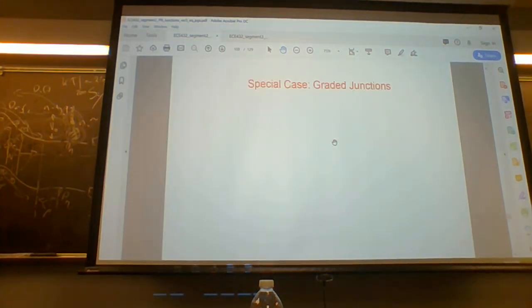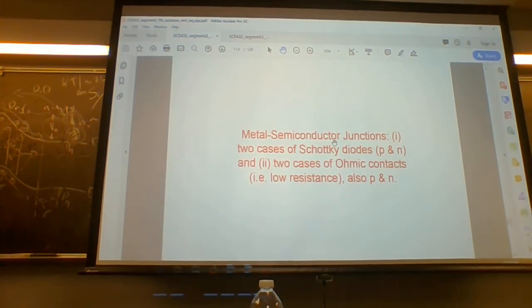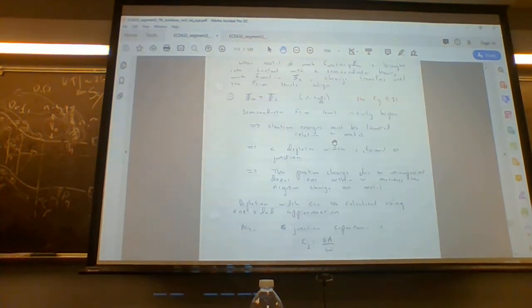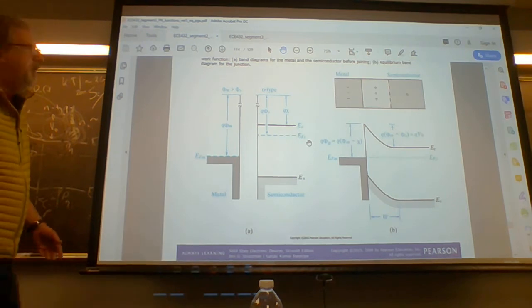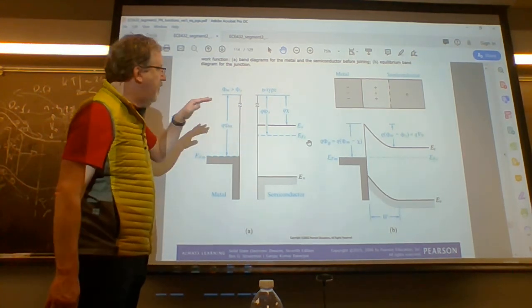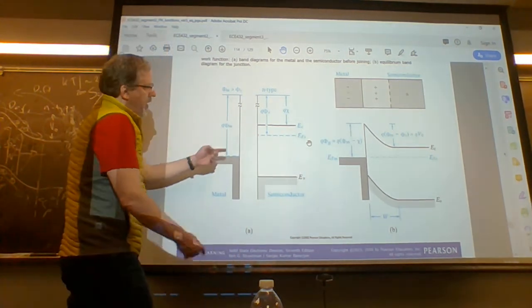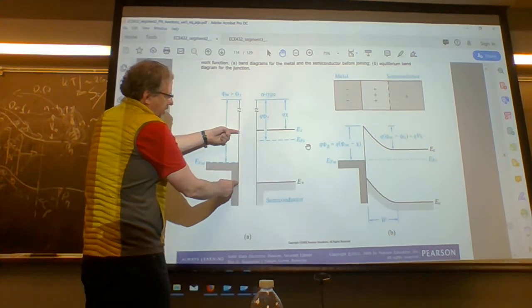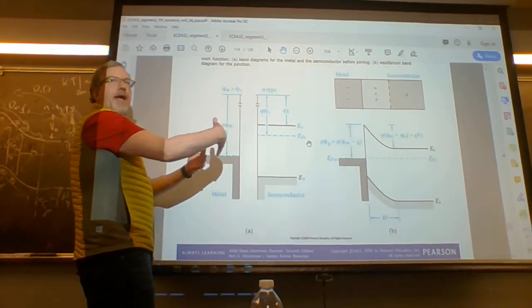So special case, you can make junctions linearly graded, right? But let's think about the metal semiconductor. We kind of talked about this more recently as we got into MOS, right? We have the work function of the semiconductor, work function of the metal, which leads to when they line up. Remember how this works? Band diagrams. This kind of locks together like Legos.